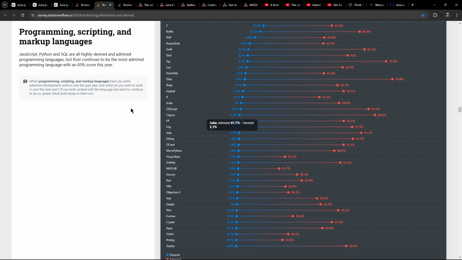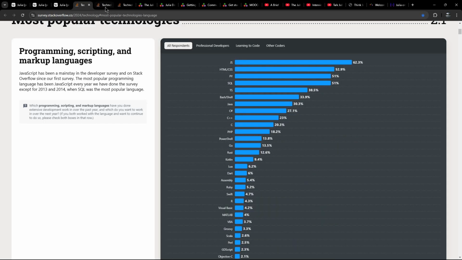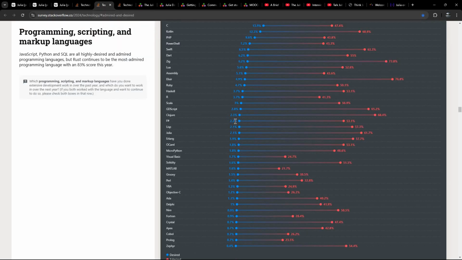I got it down the right way this time. When asked the question, which programming, scripting and markup languages have you done extensive development work in over the past year, and which do you want to work with over the next year? So yeah, you can see why that's quite wide based on the previous chart. So if you look at the previous chart, that gives you some clue, I suppose, as to the ballpark percentage figure for the desired, by the looks of things.